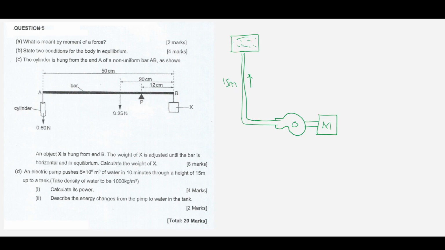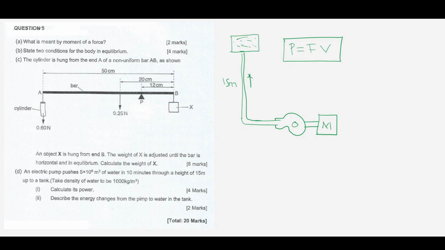So we know that power is equal to force times velocity to start with. So power is equal to force times velocity. And what have we been given here? We've been given the volume.